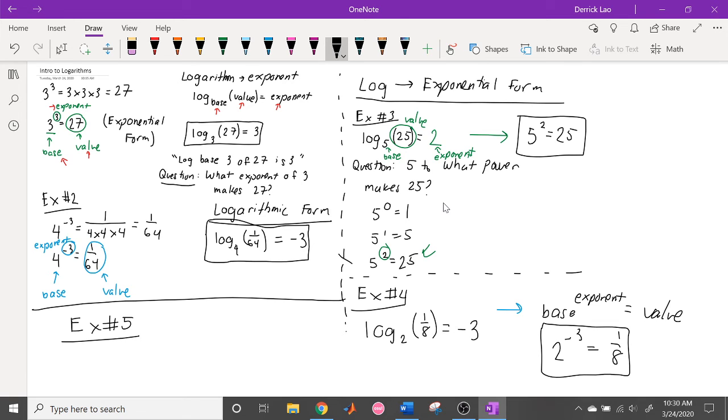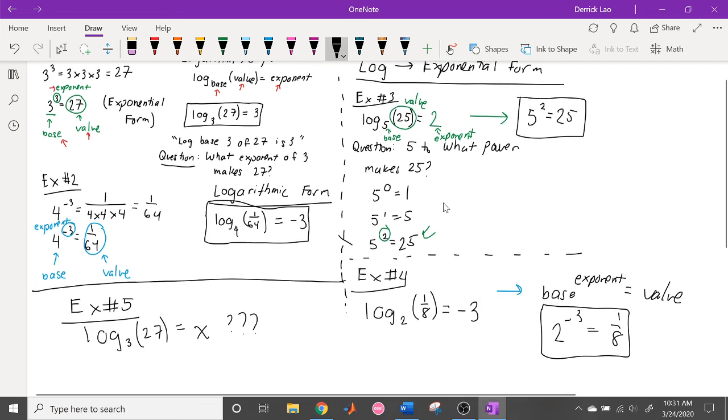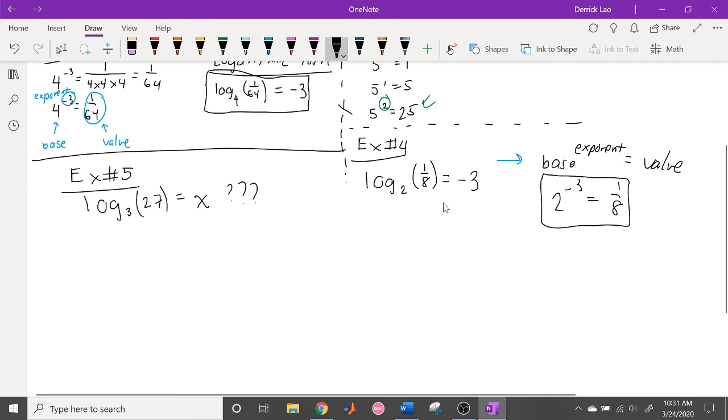So if I give you guys log base 3 of 27 equals x, and we don't really know what's going on. Some of you guys can probably think of this in your head already, but first step is let's just put it into exponential form just for fun.